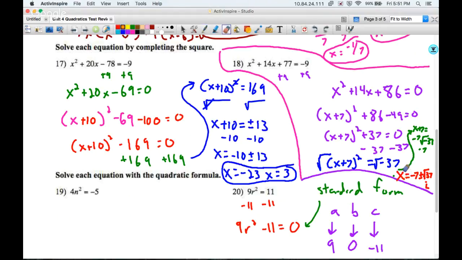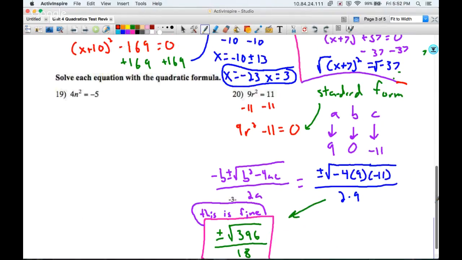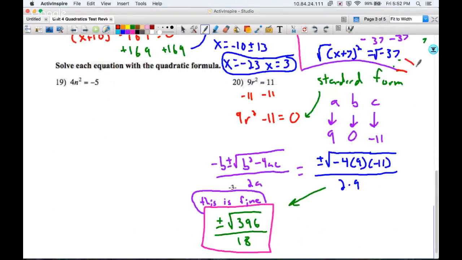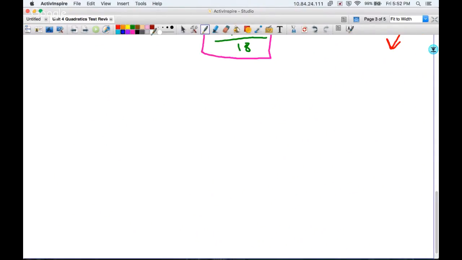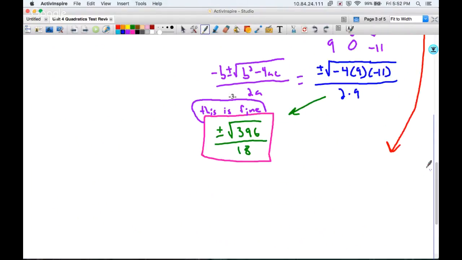I'll rewrite that one more time just so it's really clear in the answer key. We'll just take this all the way down here. All right, so one more time.